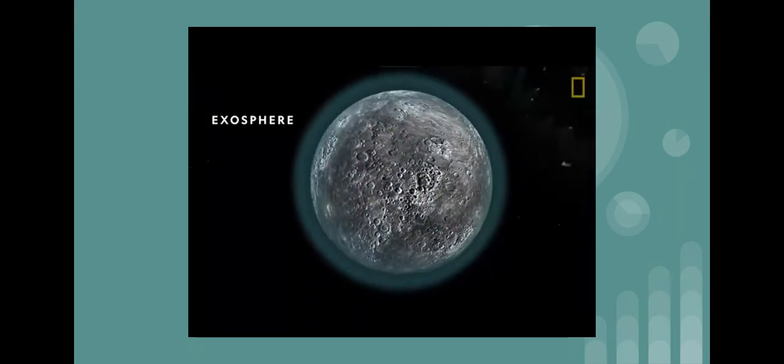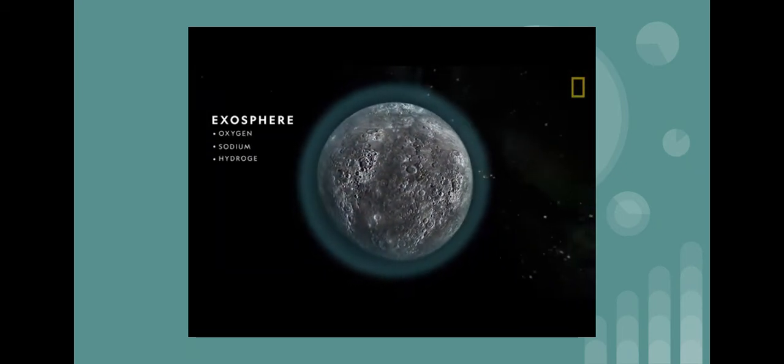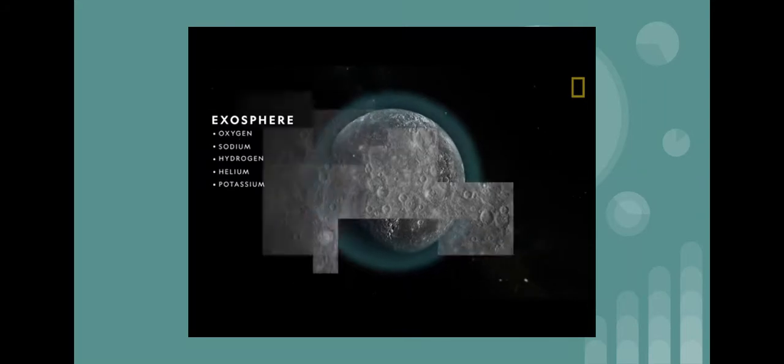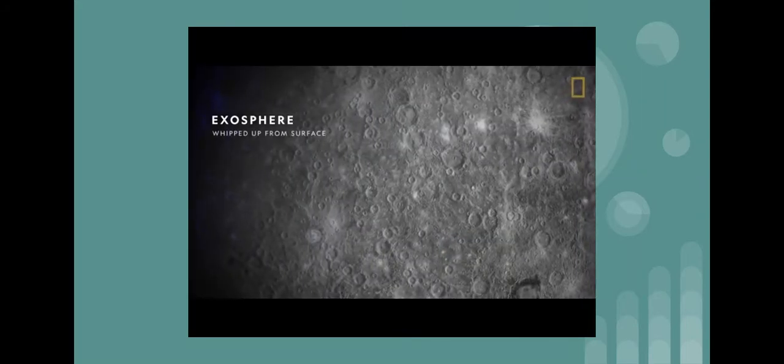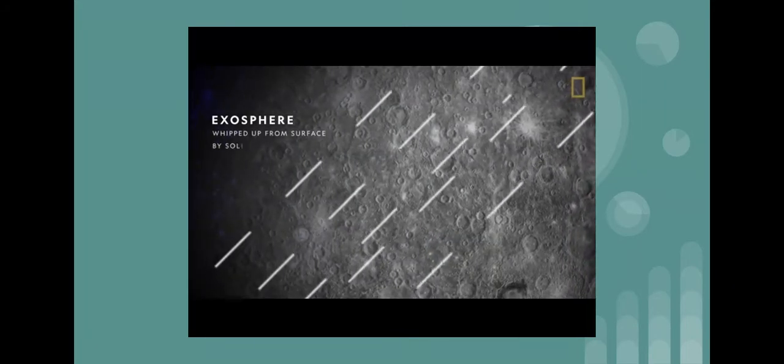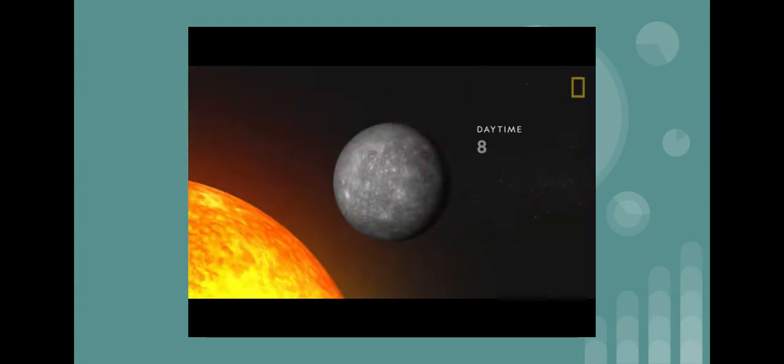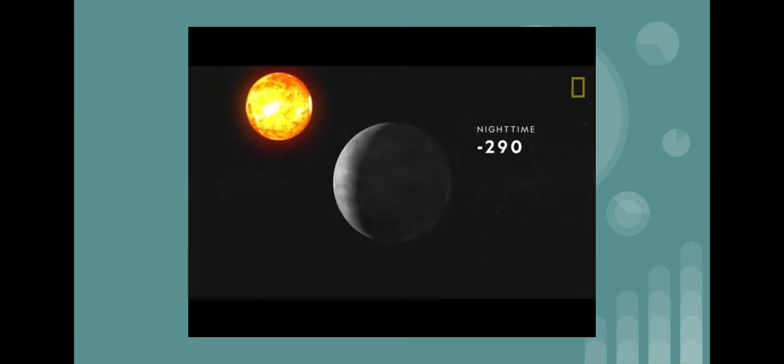This exosphere is made of oxygen, sodium, hydrogen, helium, and potassium, all whipped up from the planet's surface by solar winds. The lack of atmosphere and close proximity to the Sun also makes Mercury a planet of extremes.